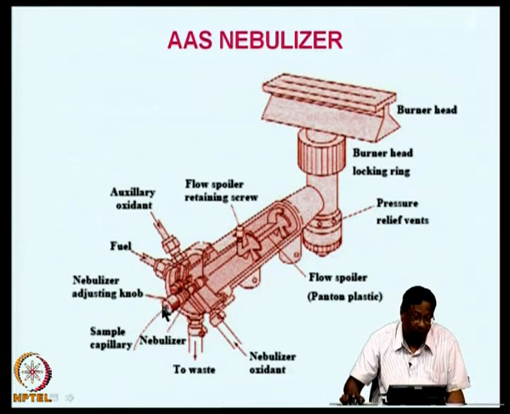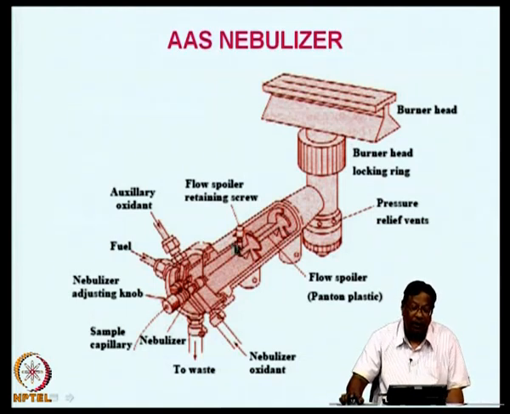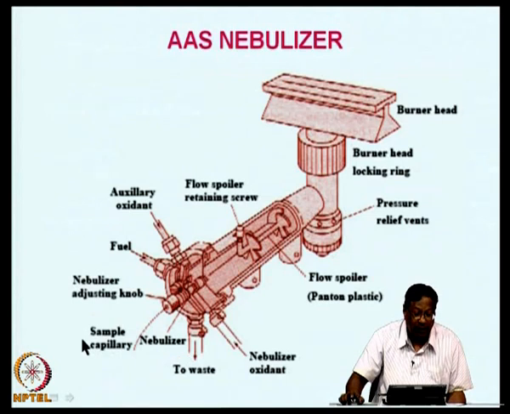Here you have the capillary tube, this one sample capillary, and through a small Teflon disc, the sample is introduced and let out into a chamber where flow spoilers are there, and fixed on a retaining screw, and fuel enters from here, auxiliary oxidant like air or nitrous oxide enters here, and then the bigger droplets fall down in this area, and here you can adjust the screw to such an extent that you get a satisfactory drop size, continuous aerosol of the specific quality.